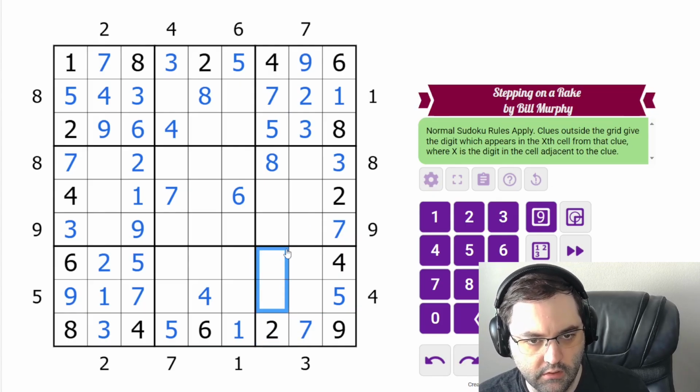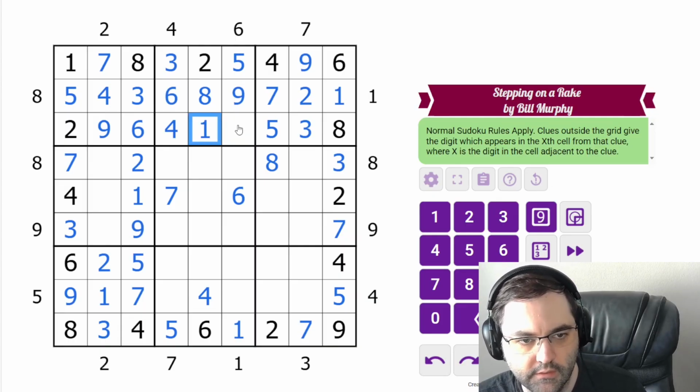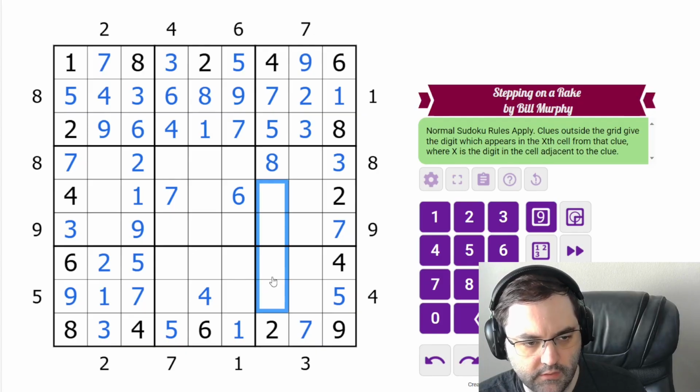Down here, seems like something ought to be fixed here, but I'm not seeing what it is. Let's look across here then. We still need a 6 and 9. This is 1 and 7. Let's look at this column, I guess.